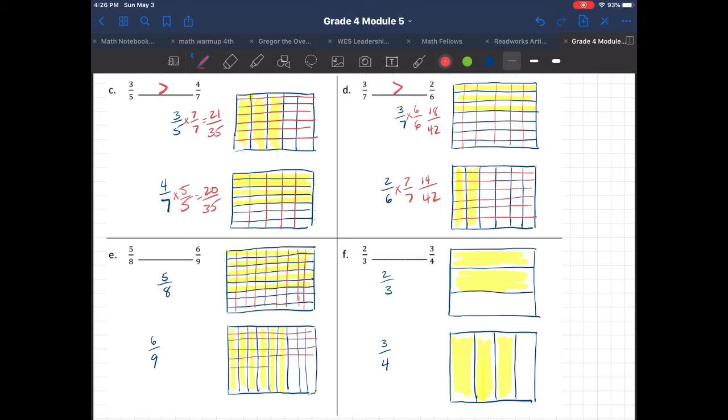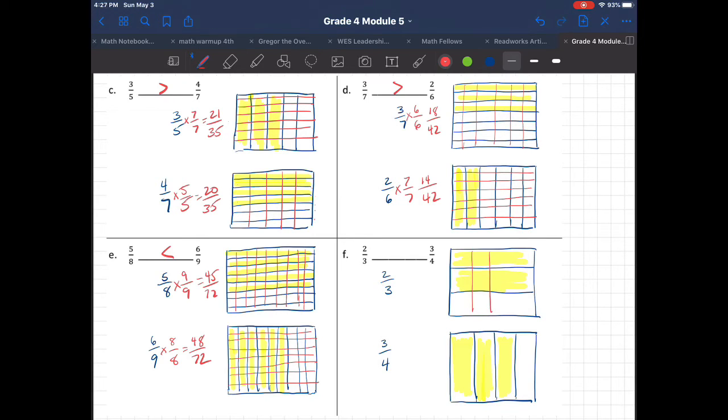Let's see, 1, 2, 3, 4, 5, 6, 7, 8. 9/9 makes 45/72, and 8/8 makes 48/72, so 3 more 72nds. So 48 is just a little bit bigger. So 6/9 is more than 5/8.